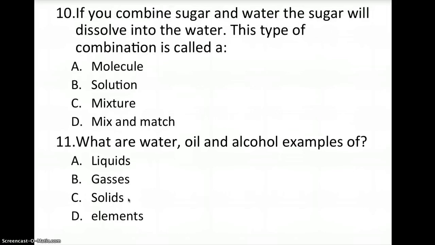Number 10. If you combine sugar and water, the sugar will dissolve into the water. This type of combination is called A molecule, B solution, C mixture, or D mix and match.